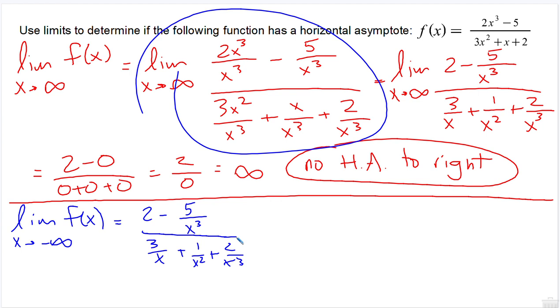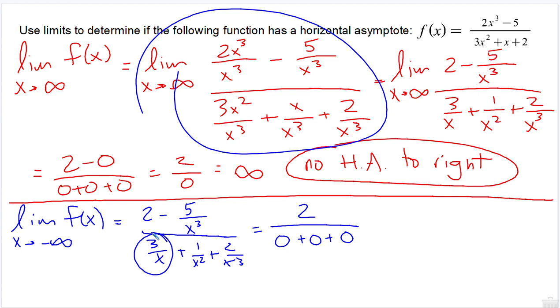And so now if I think about what's happening as x goes towards negative infinity, well, the top is just going to become 2. And in the bottom, I've still got a 0 plus a 0 plus a 0, which ends up being infinite. Now the question is, is this a positive infinity or a negative infinity? We should be able to think about this in terms of what's going on with this very first term here, 3 over x.